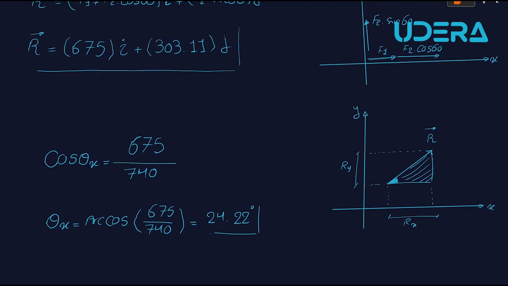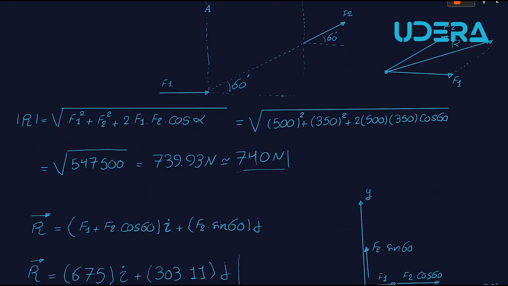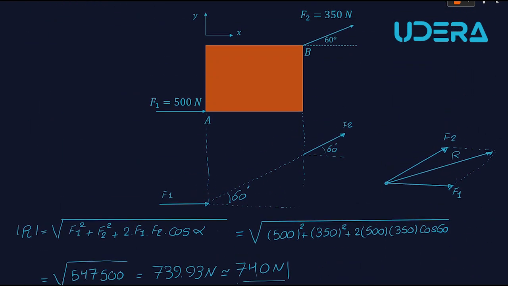As you see, this problem was solved based on our knowledge of vectors. Without this knowledge, without figuring out the addition law, the positional vectors, the angles, and also the principle of transmissibility, it couldn't have been solved.